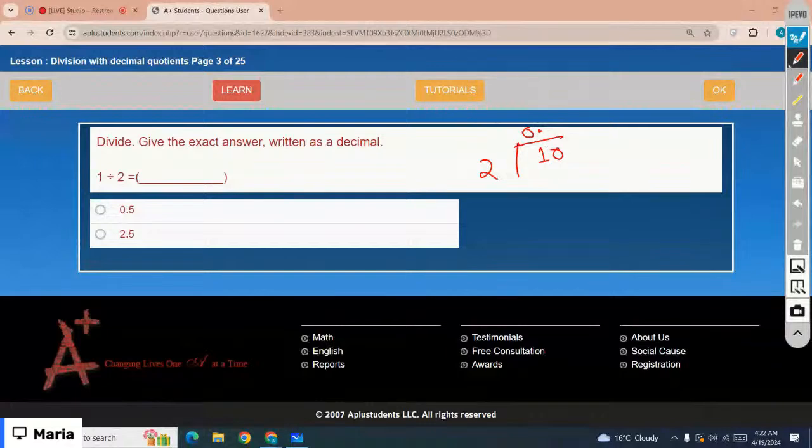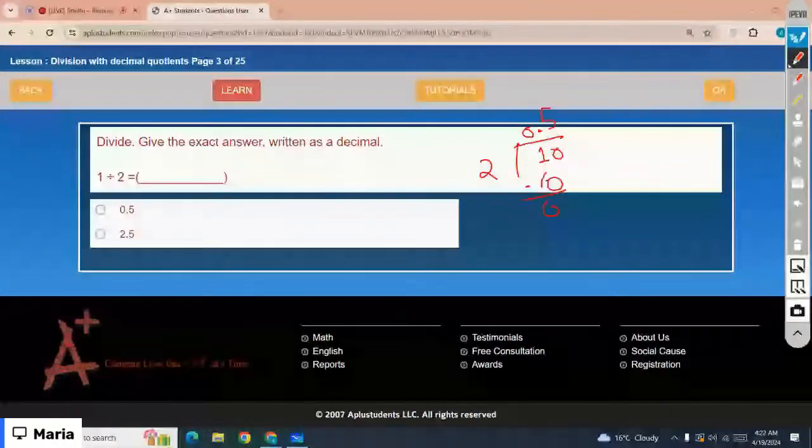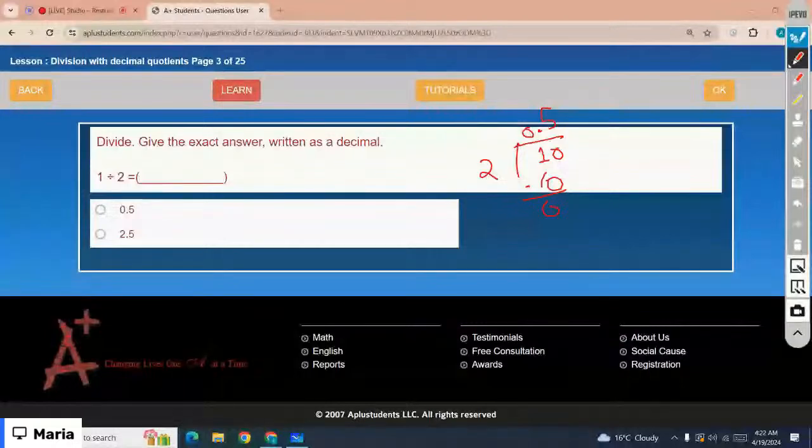Now you can divide. 2 times 5 is 10. That is 0.5.